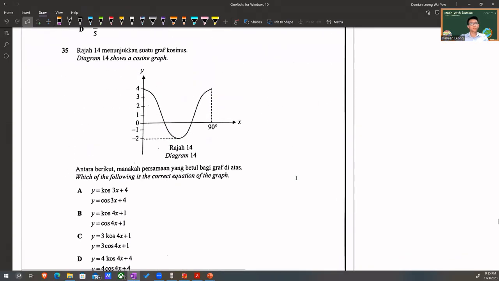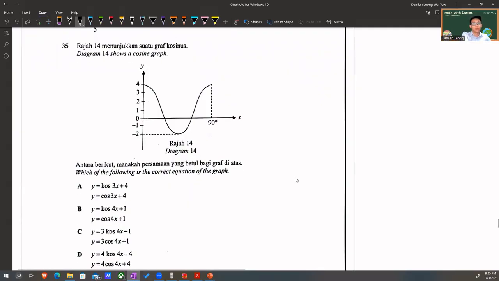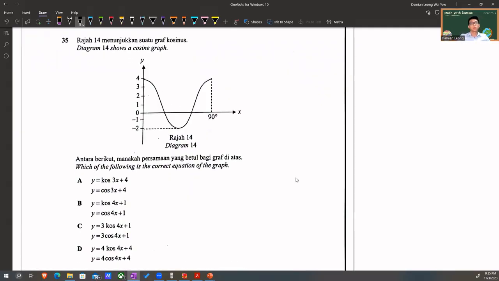Question 35. I have a cosine graph here. Which is the correct equation for the graph? If we look at the middle line, it goes up to 4, goes down to -2, means the middle is here, 3, 3. So middle is your C. Y equals A cos Bx plus C. C is the middle line.